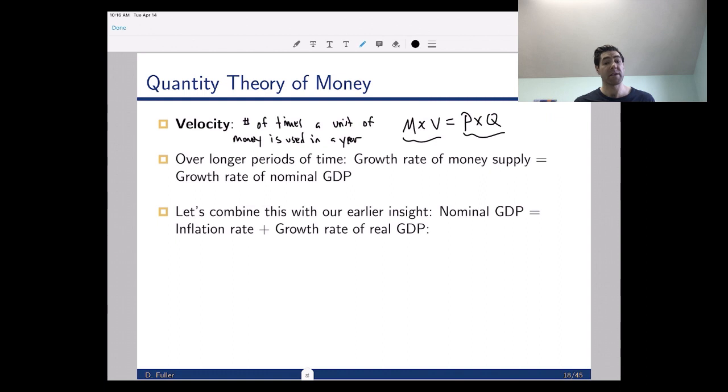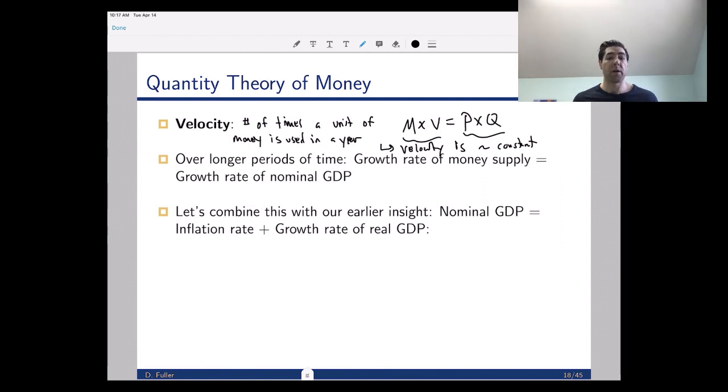Importantly, we're going to effectively assume that the velocity of money is roughly constant, especially over the long run. So velocity is about constant. So it doesn't change hands more or less quickly over long periods of time.